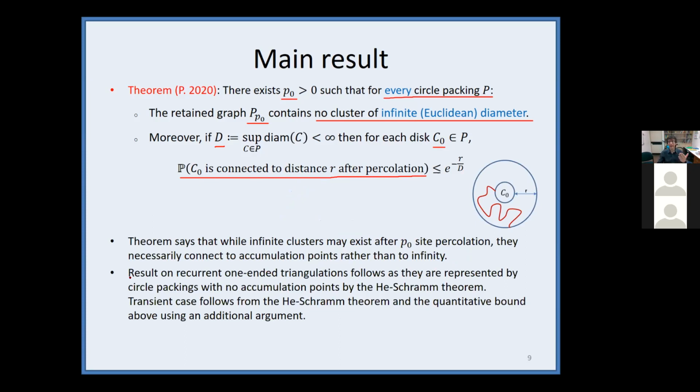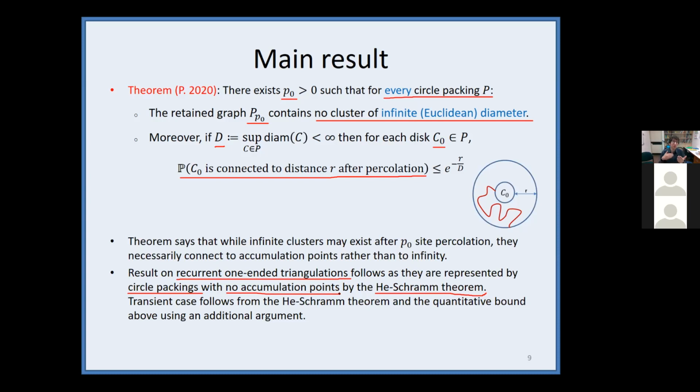And this connects back to the previous main result that I stated, that if you have a one-ended triangulation which is recurrent, then it has no infinite cluster. The reason is that indeed, if you have a one-ended recurrent triangulation, you may represent it by circle packing in the whole plane via the Benjamini-Schramm theorem that we discussed. It will have no accumulation points.